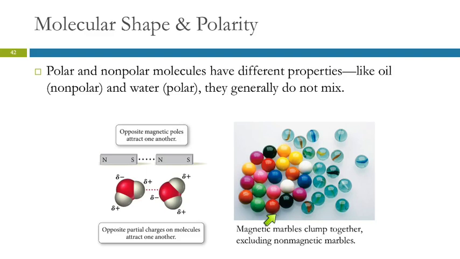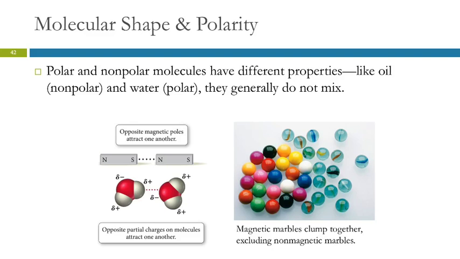So it's a bit like this picture. We have some magnetic marbles and some regular glass marbles. And if you just jumble these up in a bucket or a bowl and mix them together, you can imagine what happens. The magnetic marbles clump up and stick to each other, and they exclude the glass marbles, right?